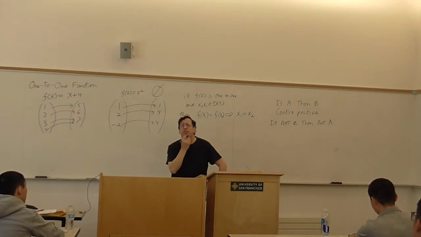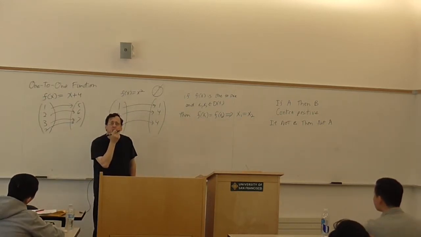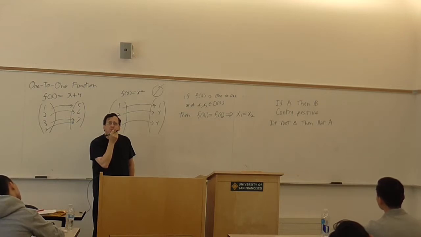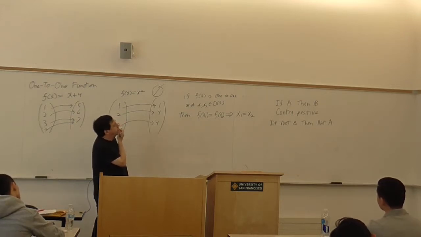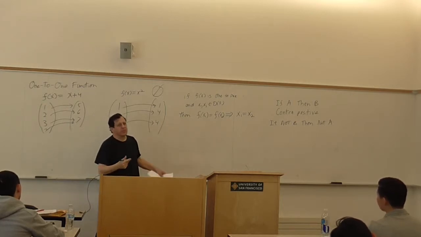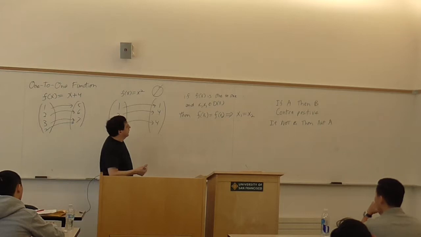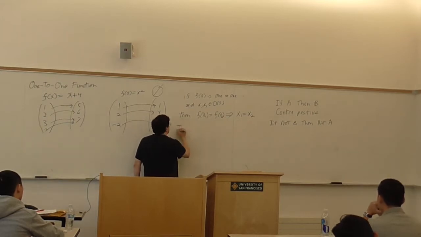See if we can think of an example. I should come up with these examples before I come to class, or it'll take me a long time to think of them. Okay, this is simple.